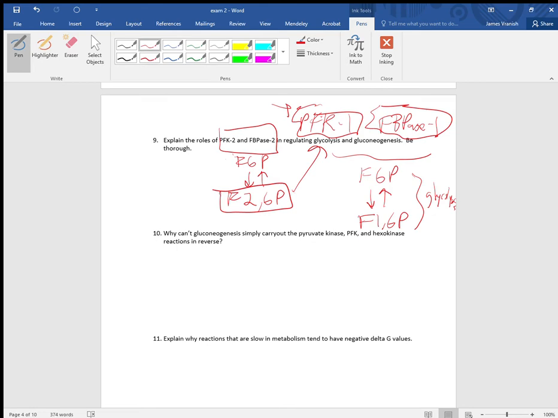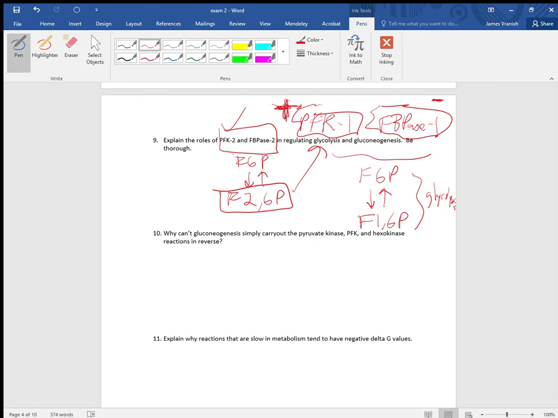So fructose 2,6-bisphosphate upregulates PFK1 and downregulates or inhibits FBPase1. So it's an activator, basically. So turn on, there's a little plus sign there. So it turns on PFK1 and it turns off FBPase1. But its levels are actually controlled by these other two enzymes. So that's the whole idea here for number 9.